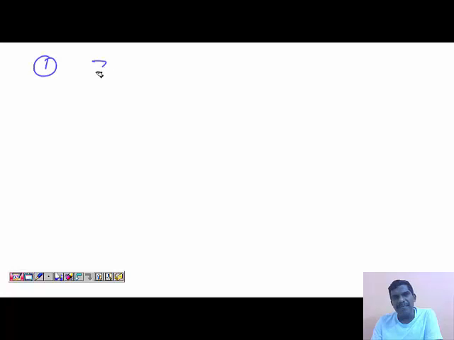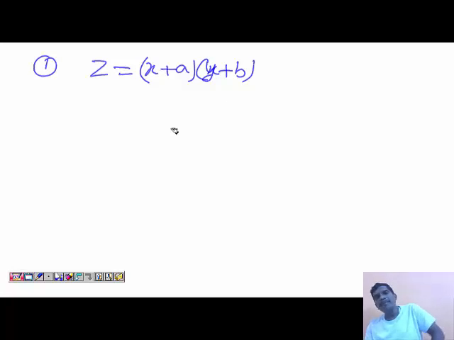We'll use the same way here also, that is, z is equal to x plus a into y plus b. Form the partial differential equation of the equation z is equal to x plus a into y plus b. Here a and b are arbitrary constants.